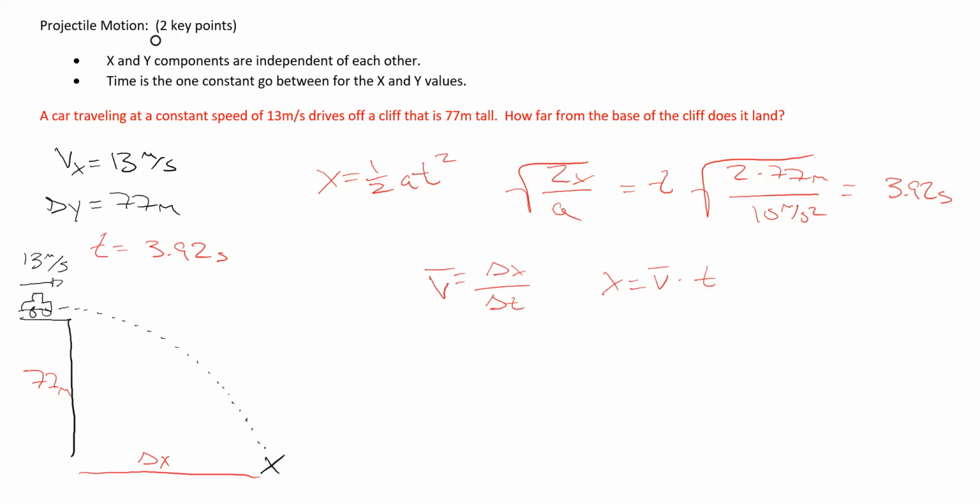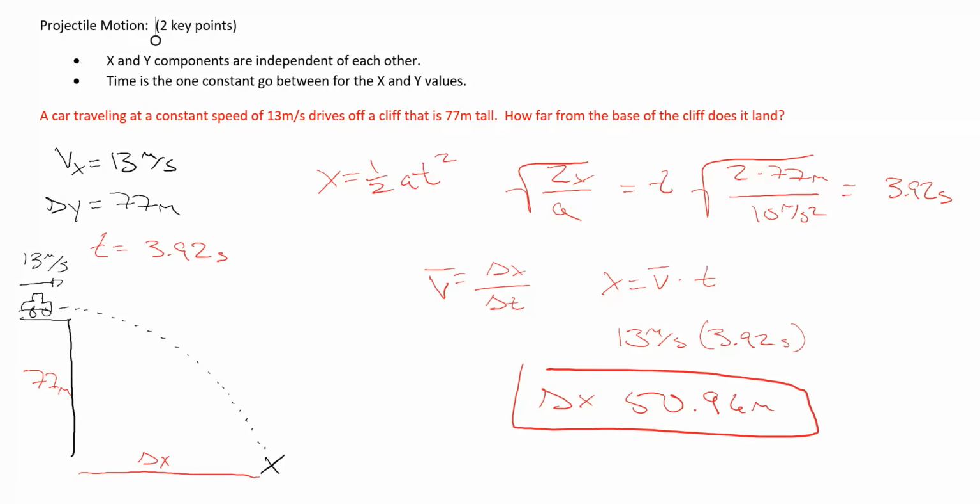So in the end, when I'm looking to solve for how far from the base, I just multiply my constant velocity of 13 meters per second times my time interval of 3.92 seconds. And my answer is going to be 50.96 meters to solve for the range.